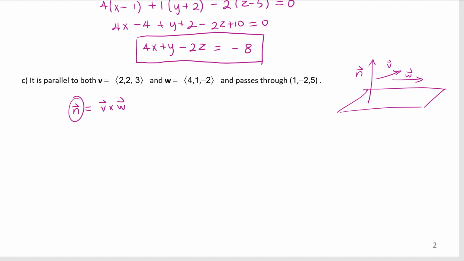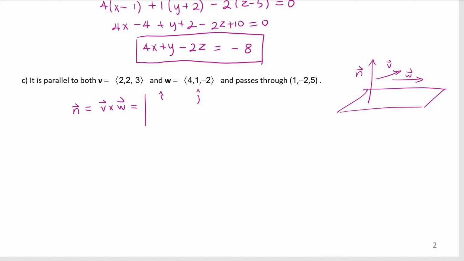Actually, you can pick any normal vector. It could be any multiple of this normal vector. So it could be v cross w or w cross v, it doesn't matter. So you pick it. And what is that?